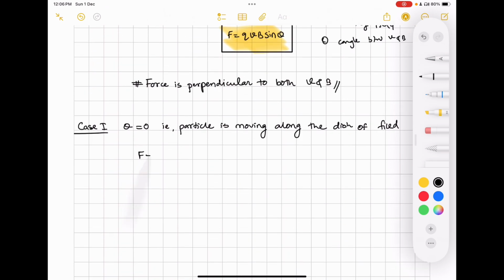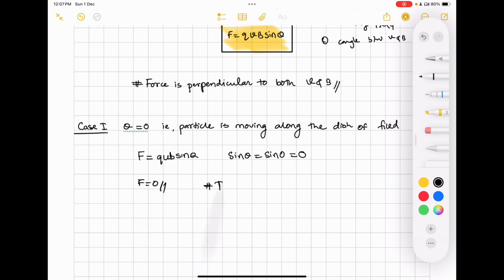We can write F is equal to QVB sine theta, and sine 0 is equal to 0. Therefore, the force is equal to 0.